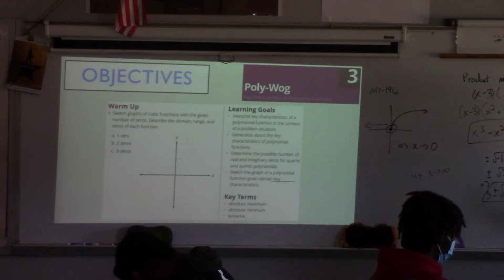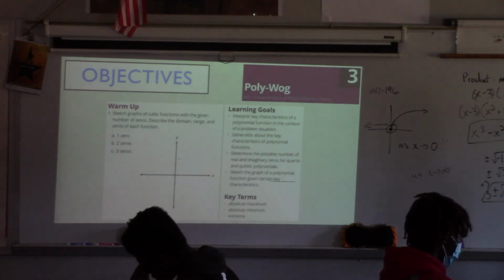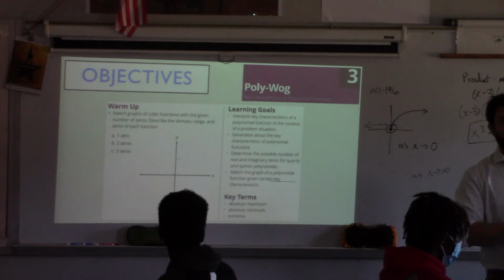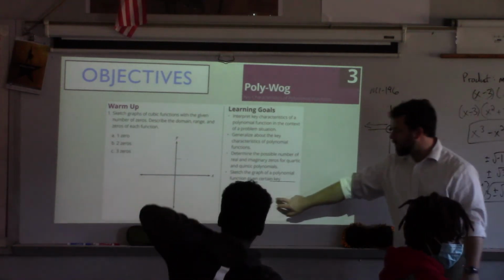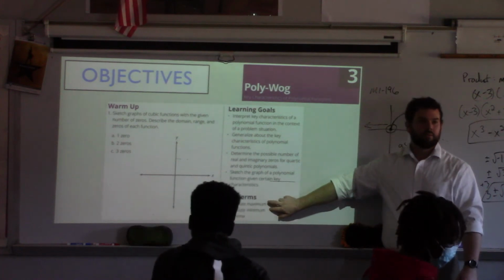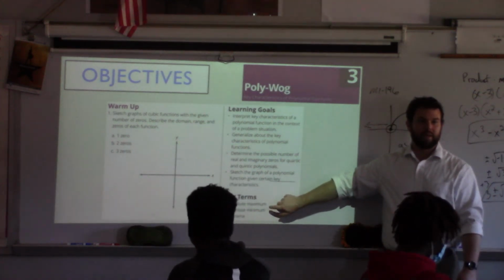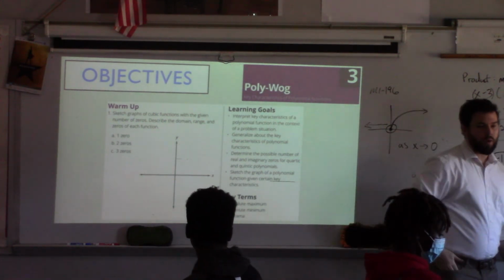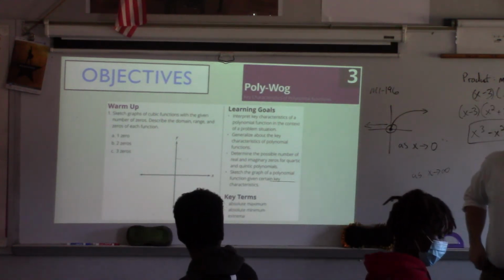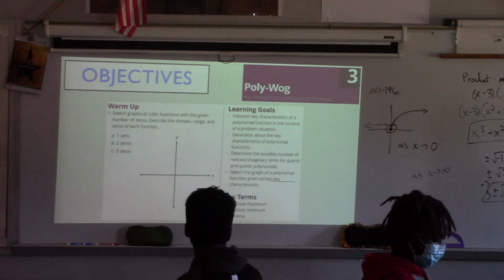What is the one we just went over? End behavior, right? Those are the different things that we want to consider every single time. Now, you'll see down here that there are two new terms. Absolute maximum and then absolute minimum. You will not always have an absolute maximum or minimum, but you can have an absolute maximum or minimum.